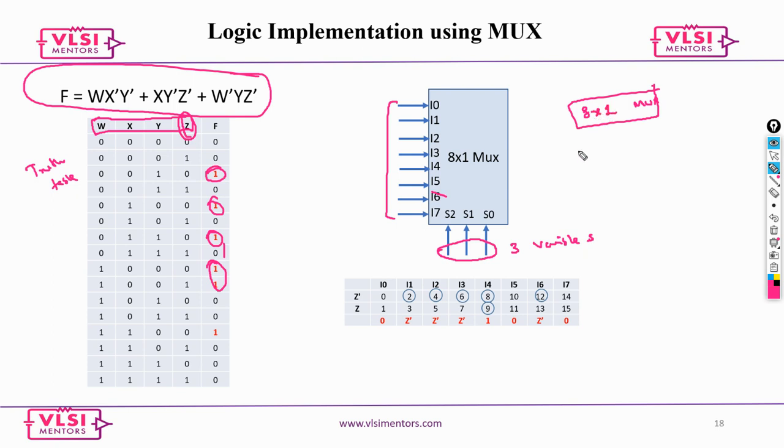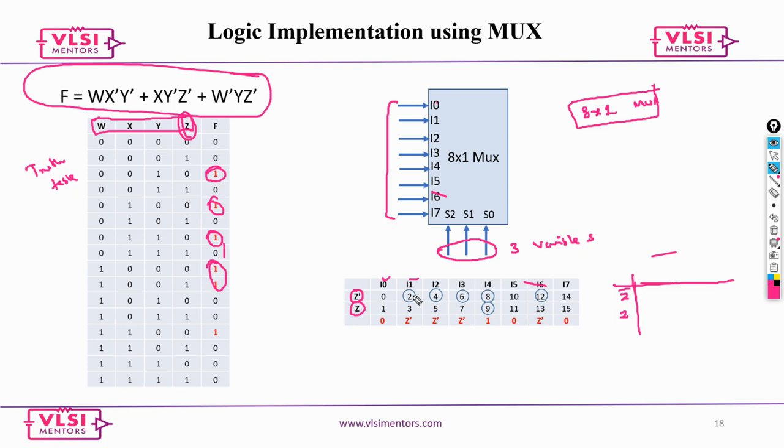Okay, now you have done this truth table. To implement using this mux, what I want you to do is write Z bar and Z. Now just write it: 0, 1, 2, 3, and so on. I0, I1, all the inputs on the top, and here the input that is not used as a select line, that is Z bar and Z. This is just simple, right?